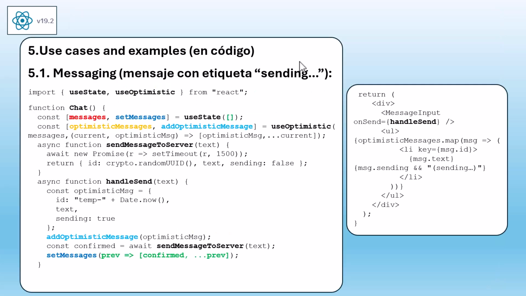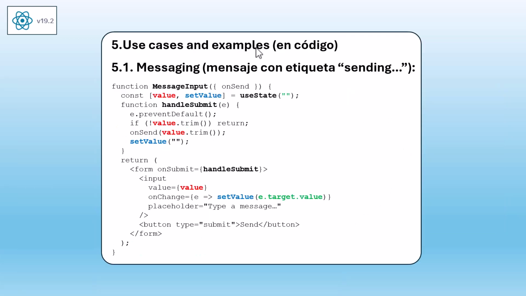5. Use cases and examples, in conceptual terms. Let's discuss scenarios where useOptimistic shines. Messaging. When a user sends a message, the message appears instantly in the conversation list, perhaps with a sending label. The actual server request is still in flight, but from the user's perspective the message was sent immediately.